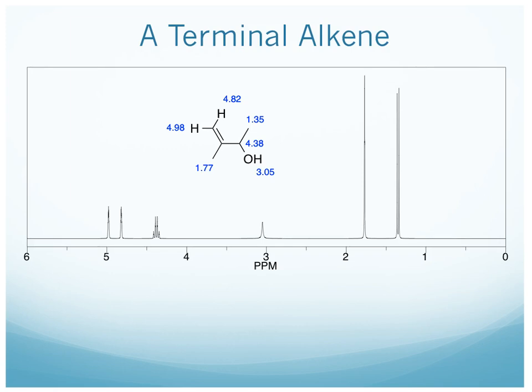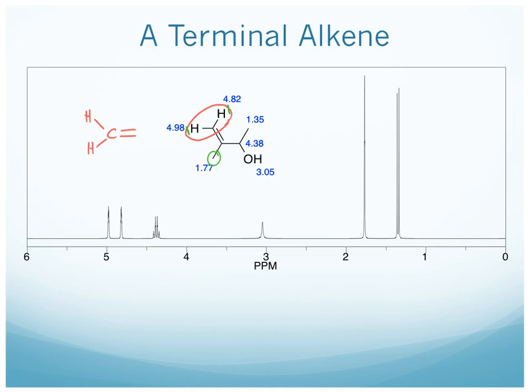Okay, let's just look quickly at a couple of situations that might arise if you have an alkene in the molecule. In this case, here is a terminal alkene where we have our double bond, the hydrogen on each side. They are distinct because this hydrogen is cis to the methyl group, this hydrogen's trans to the methyl group, so they do give two distinct signals.